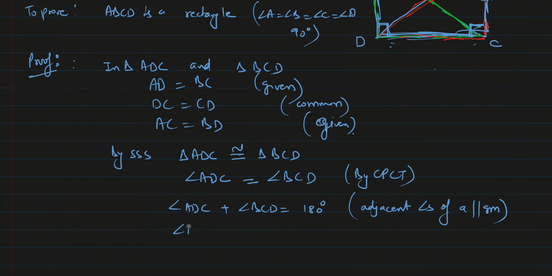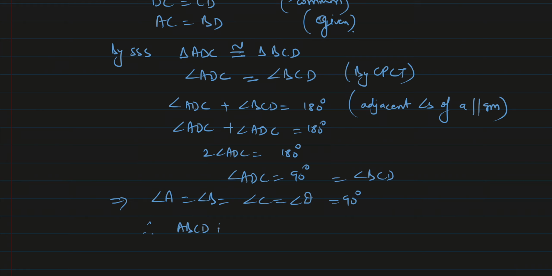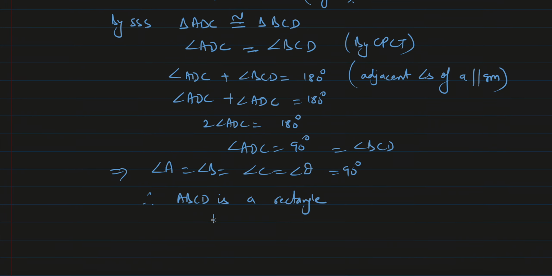Both are equal, so ADC plus ADC is 180 degrees. So twice ADC is 180. From here ADC equals 90 degrees, which also equals BCD. So two angles equal 90, which implies all the angles, angle A equals angle B equals angle C equals angle D, 90 degrees. Therefore you can say that ABCD is a rectangle, hence proved.